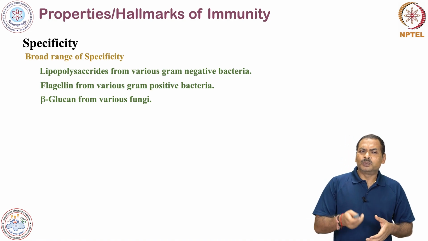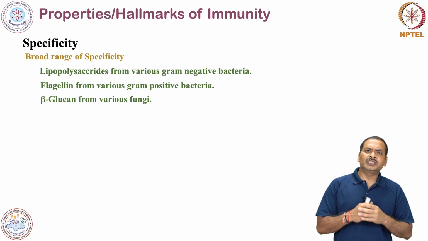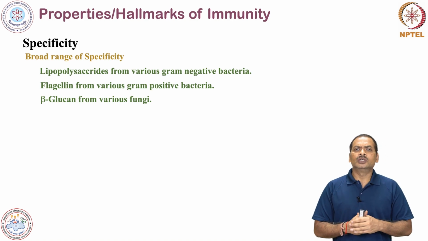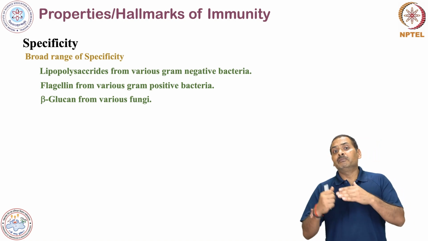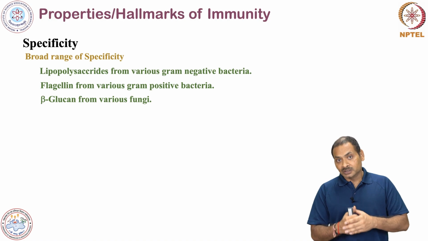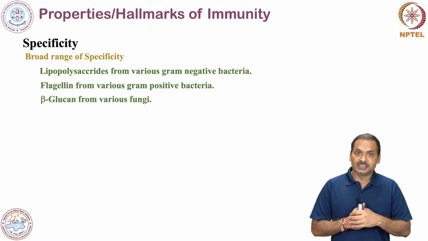So generally this broad range of specificity is associated with innate immunity. All this broad range of specificity is sensed by pattern recognition receptors, and we will take it up in great detail when I talk about pattern recognition receptors.